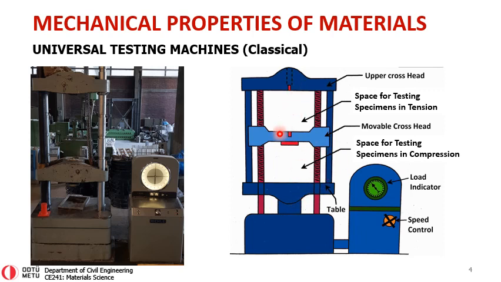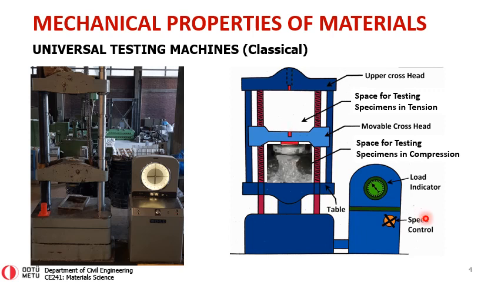This movable crosshead can go up and down, and most of the time we place specimens that we are subjecting to tensile tests at the top, and at the bottom we place the materials that we want to apply compression. Of course, we can monitor the load and we can control the speed of this crosshead.